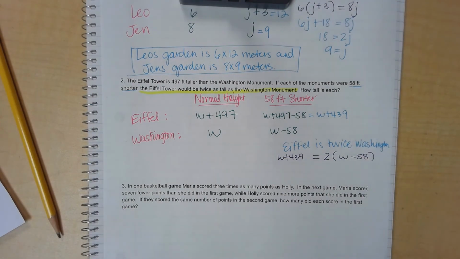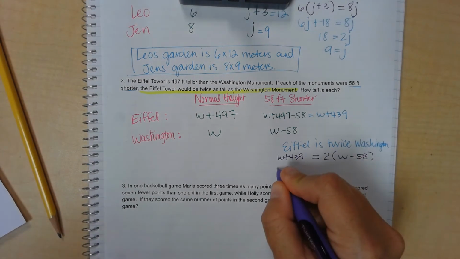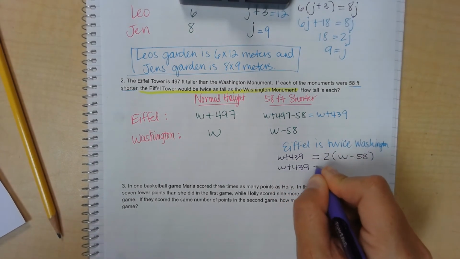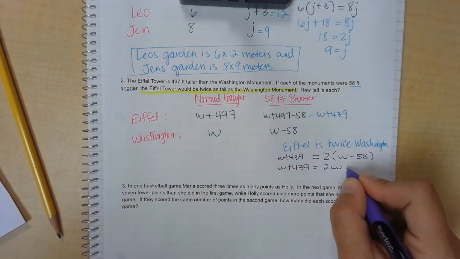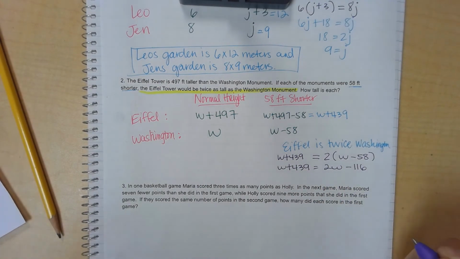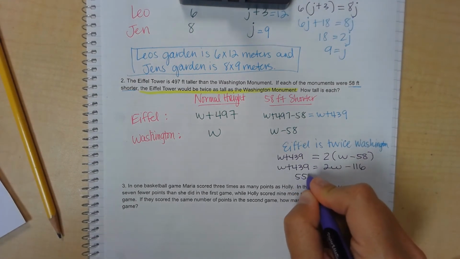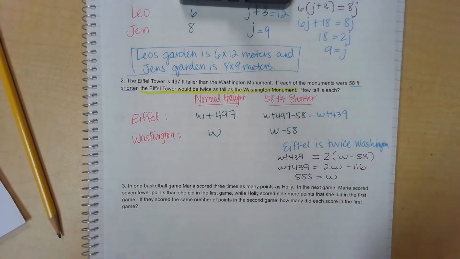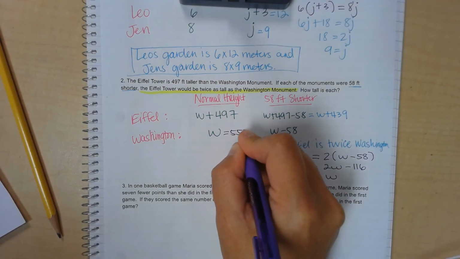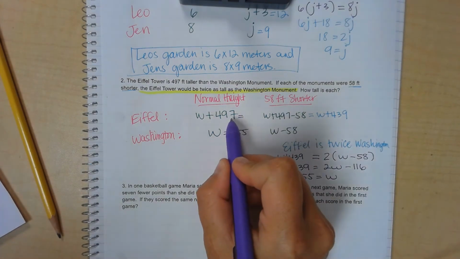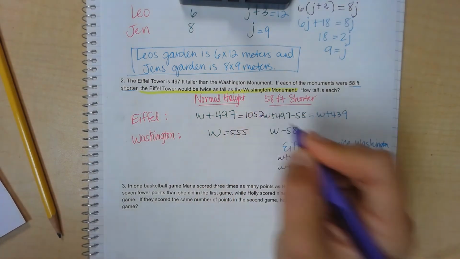All right, so now that we have our equation, we are going to go ahead and solve it. Okay, so we would just distribute. So I have W plus 439 equals 2W minus 116. Subtract the W, add the 116, and I get 555 equals W. And then add 497 to that, that's 1,052.